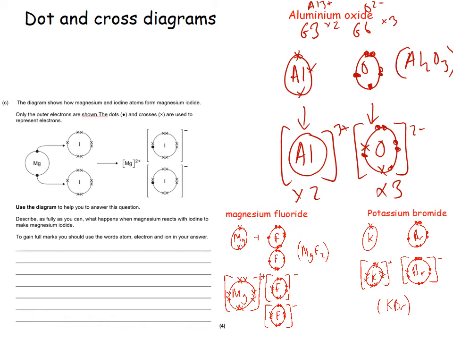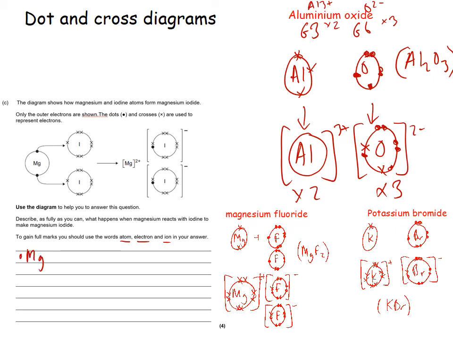So in this question, it says, describe as fully as you can what happens when magnesium reacts with iodine to make magnesium iodide. So you've got to describe this using these words: atom, electron, and ion. You can start off, and in chemistry, you can use shortcuts unless it says otherwise.